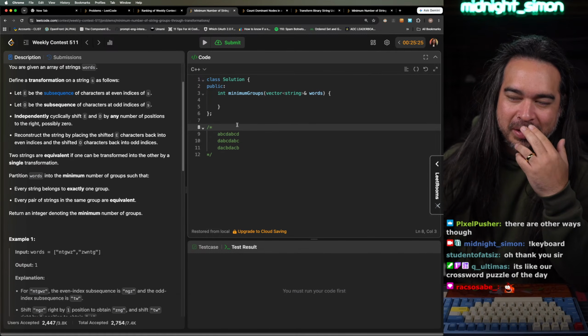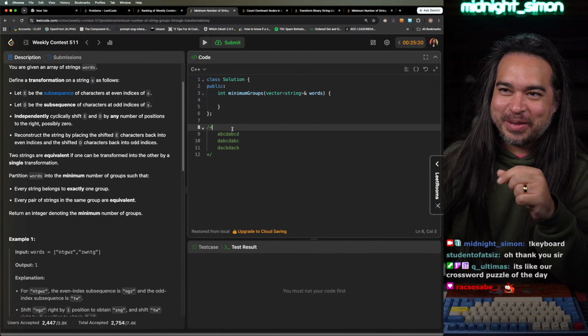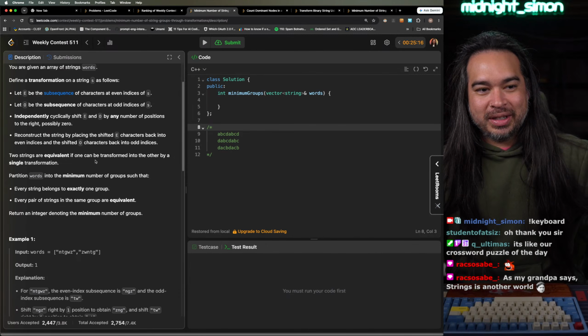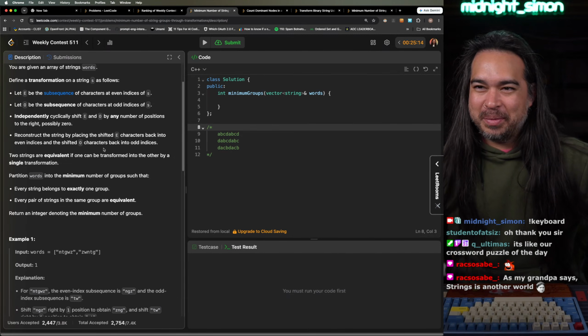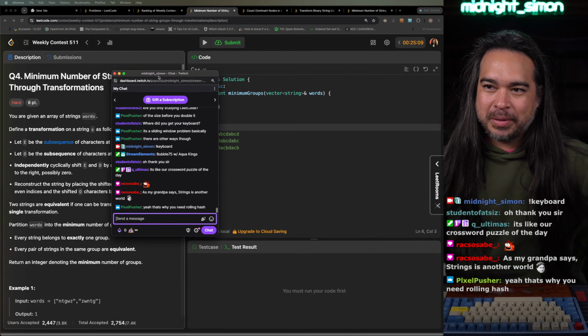I've had this problem for a long time. Anytime I do anything with substrings in C++, I'm not sure how to go about that, man. Maybe I'm just bad at C++.